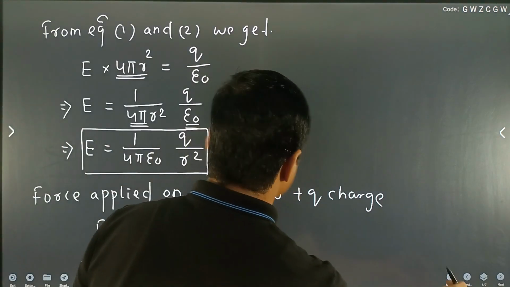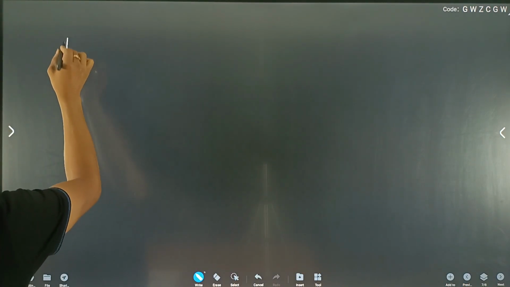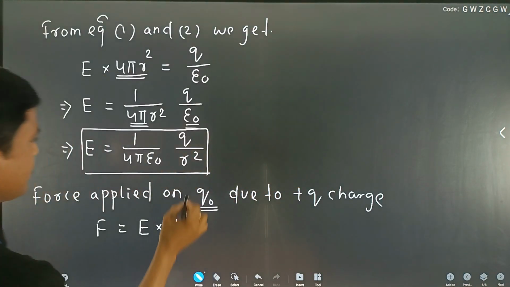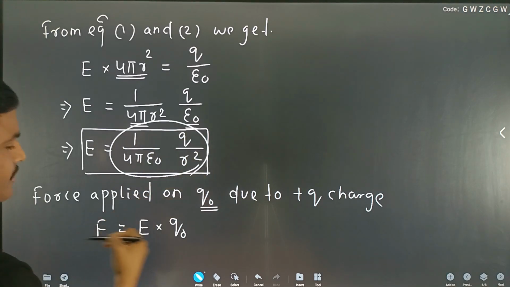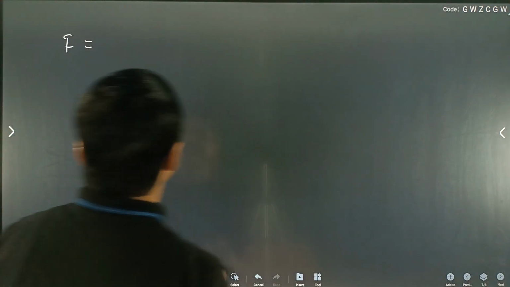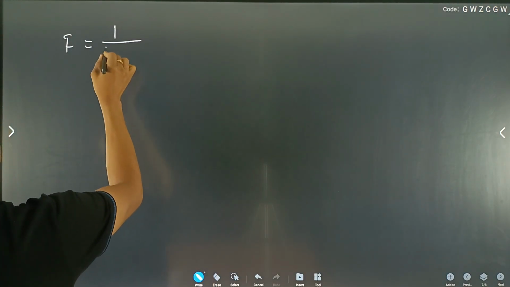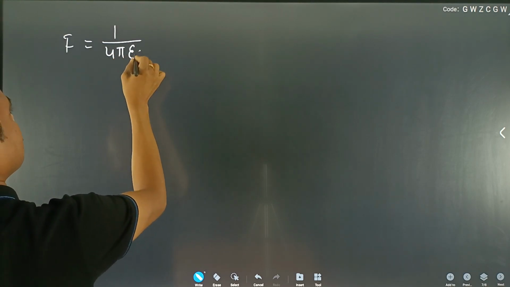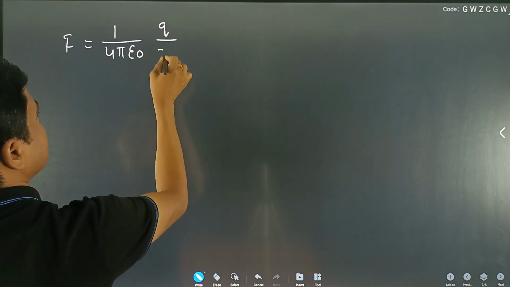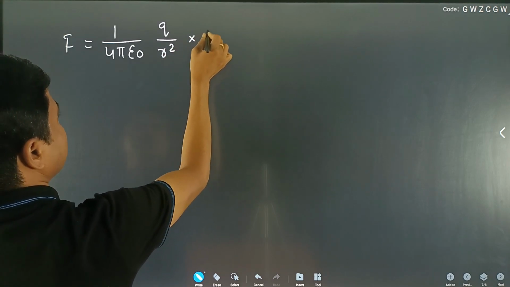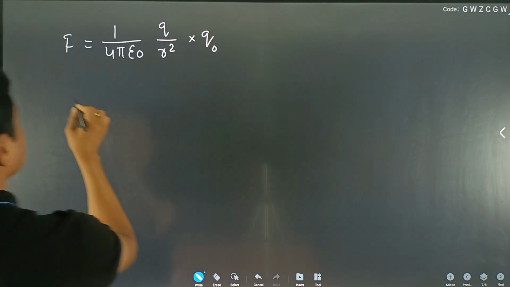That implies F is equal to E, which is the electric field, and this is the expression of the electric field. In place of the electric field, we write 1 divided by 4 pi epsilon 0 Q divided by r squared, multiplied by another charge, that is Q0.